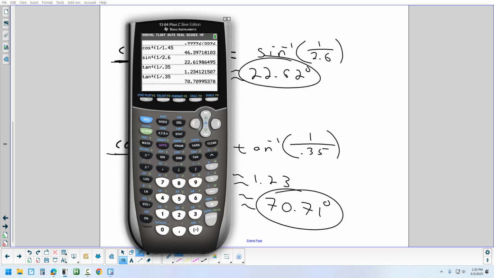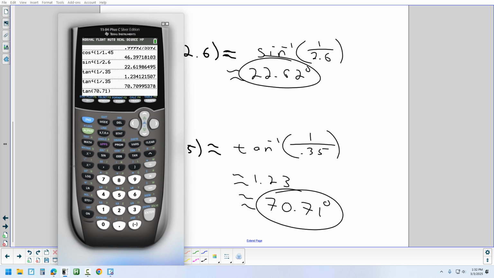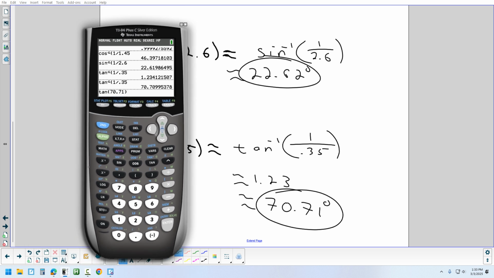Okay. So now, if I took the tangent of 70.71, what should I get? You should get 1 over 0.35. Yeah, I should get whatever that is. I don't know what that is. Let's check it. Yeah, pretty close. Okay. So I can check my answer.